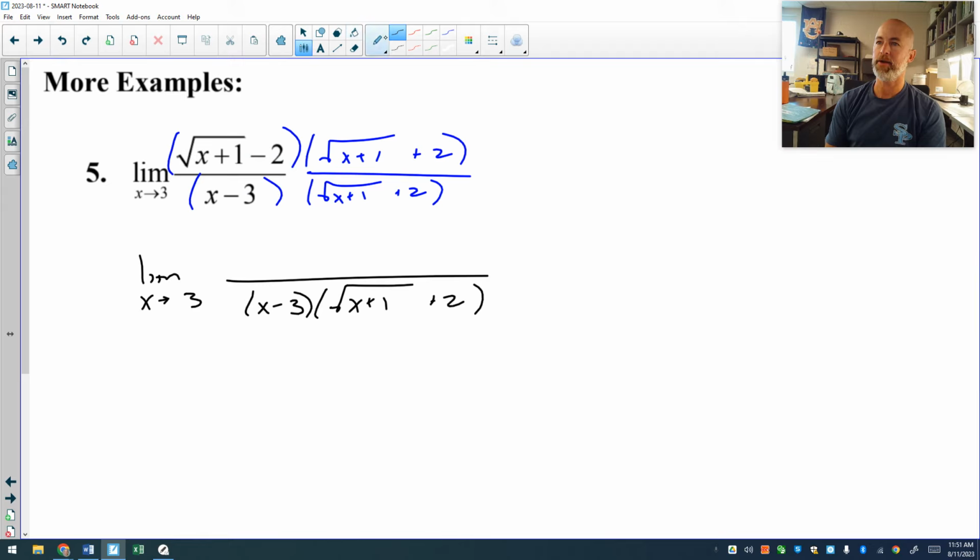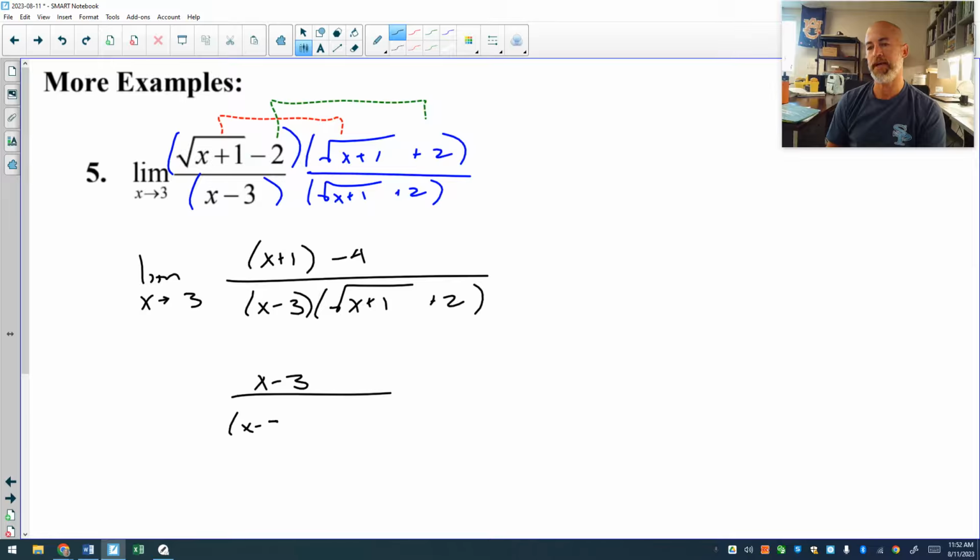And when you multiply out conjugates, we only need to focus on the first times the first and the last times the last. That's what conjugates do. So root x plus 1 times root x plus 1 is x plus 1. Negative 2 times positive 2 is negative 4. And when you combine that numerator, we end up with x minus 3, which is beautiful because I have an x minus 3 in the denominator as well.